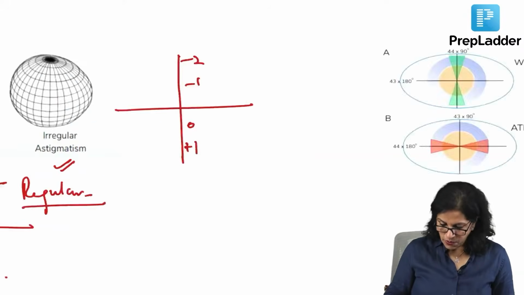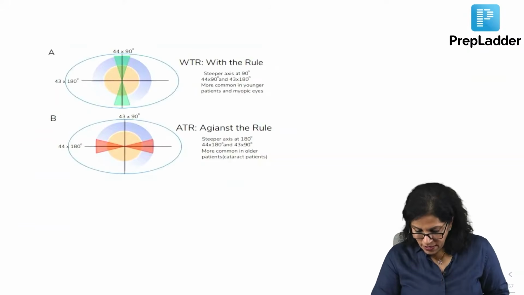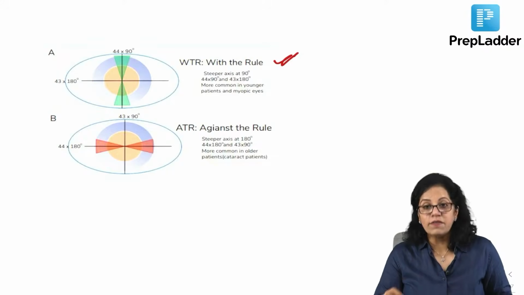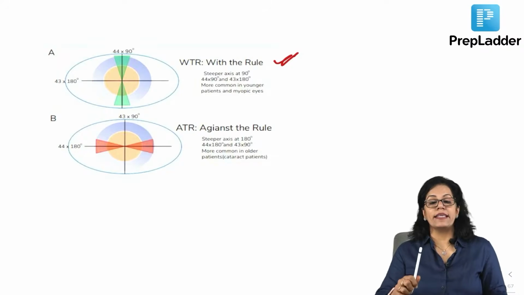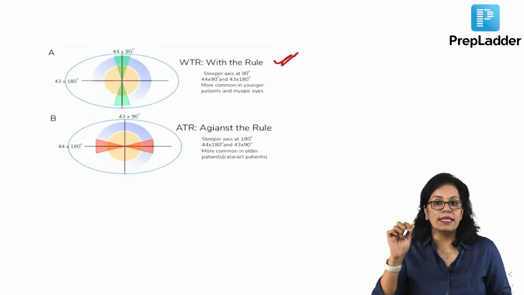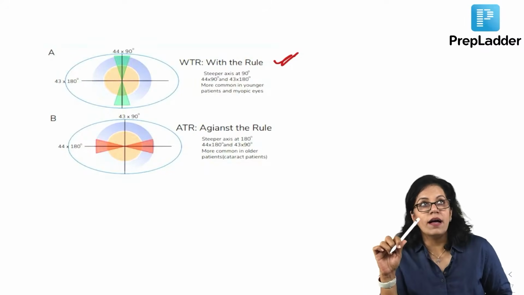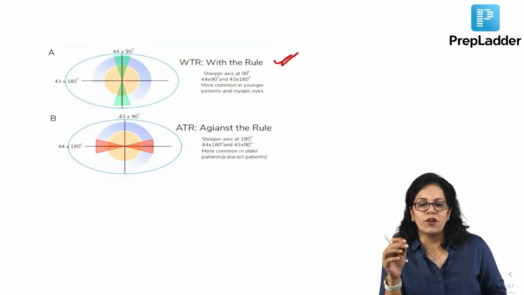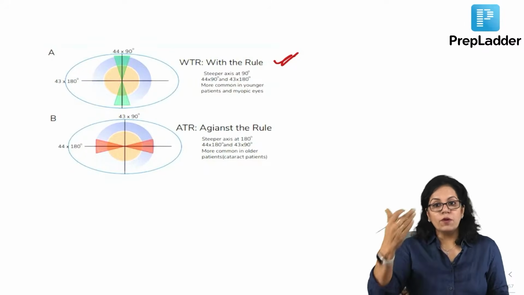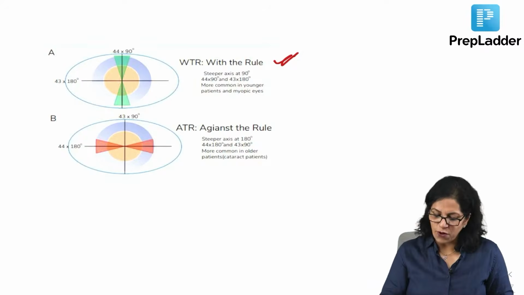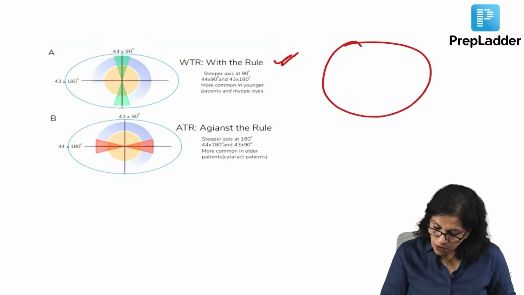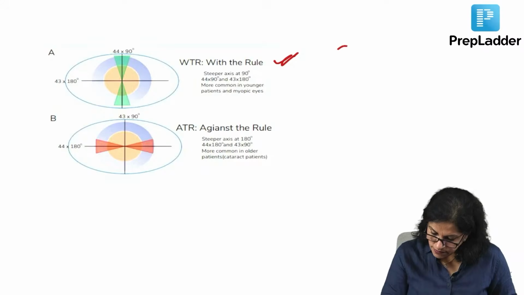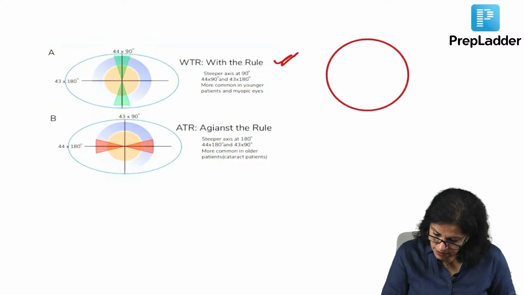Okay? So this is with the rule. Why do you call it with the rule? Again I am reminding you, due to the pressure of the lids, normally also there can be mild increase in your vertical than horizontal. Very mild in a normal case. So if that is augmented, we call it with the rule. Therefore, when vertical is more than horizontal, we always call it with the rule.